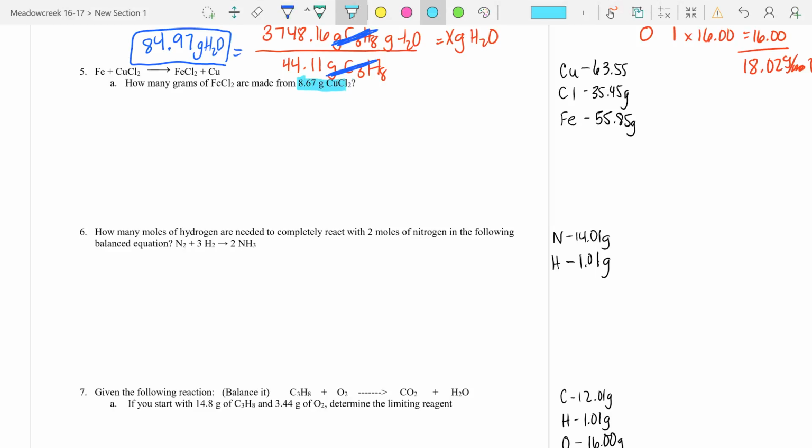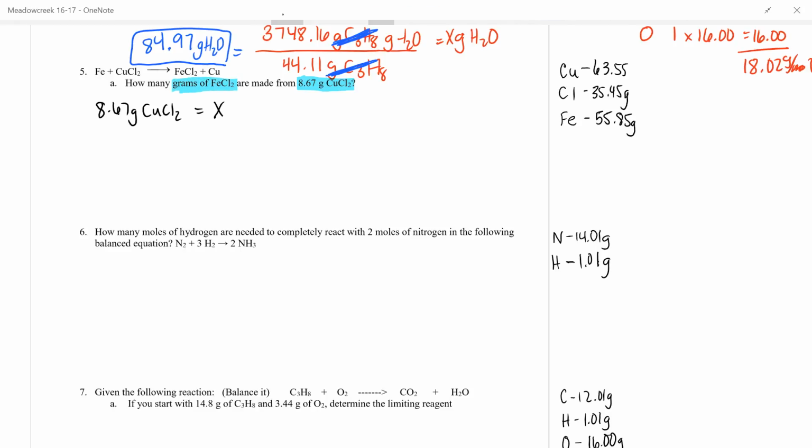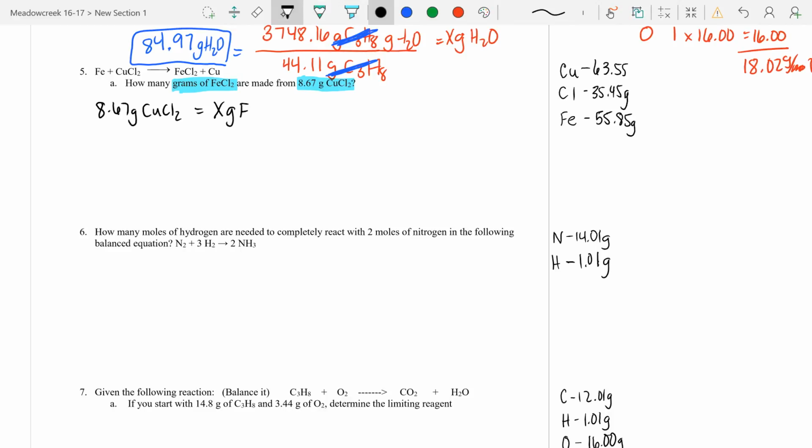They give us 8.67 grams of copper chloride. So I'm going to start by writing that down. 8.67 grams copper chloride. And we set it equal to X, whatever they're trying to find. And they're trying to find the grams of iron chloride. All right, X grams of FeCl2.